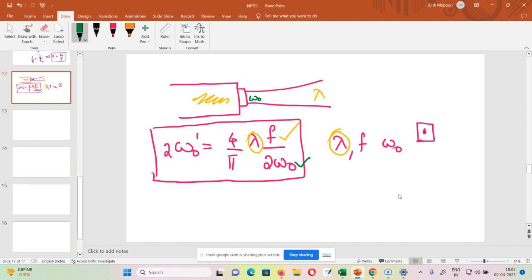But actually you can change it. You want a very small spot, so the parameters you can change are the focal length as well as ω0, and this ω0 may not be the same ω0 which is coming from your laser.